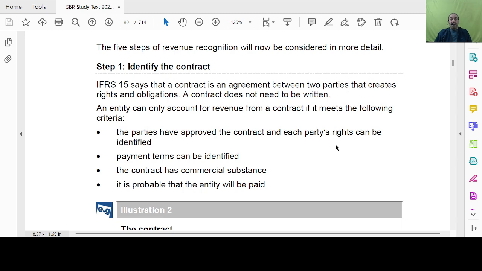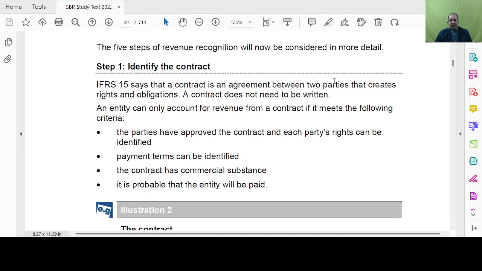So probability of receiving the consideration is always there. If there is no probability of receiving the consideration on account of some factors, then you cannot recognize the revenue as per IFRS 15.